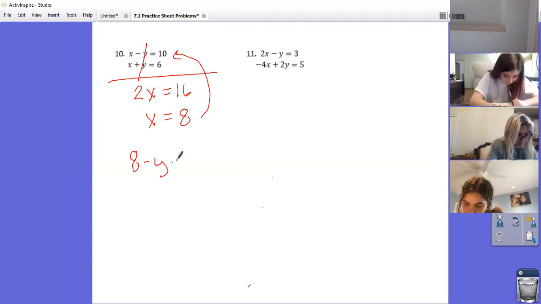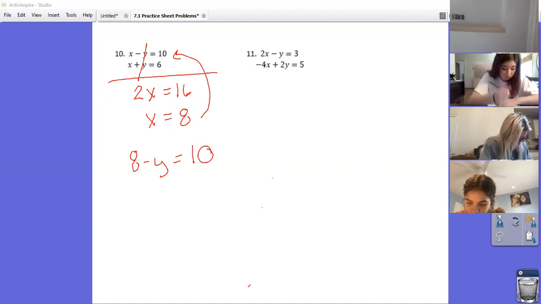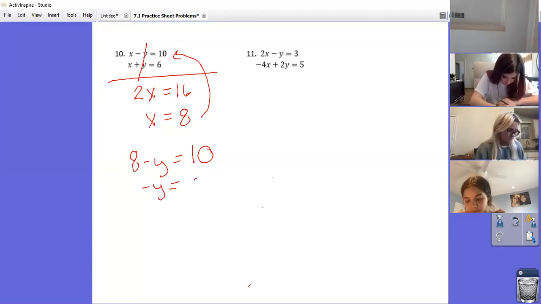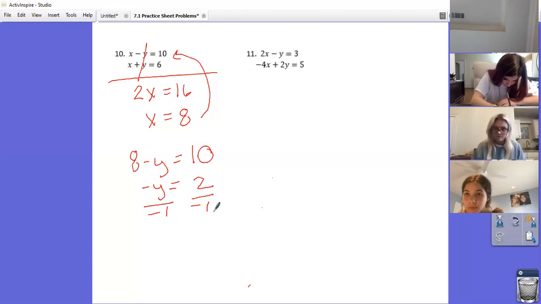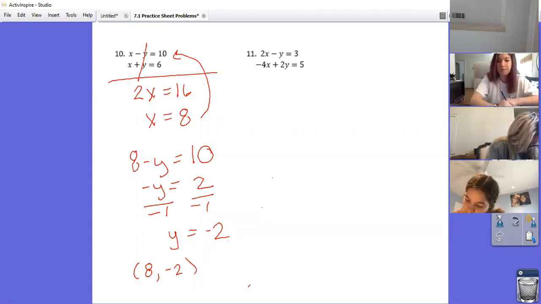You get 8 minus y equals 10. Okay, and then subtract 8, so you get negative y equals 2, but you have to divide by -1, and you get -2. So the solution is 8, -2. You probably just weren't dividing by that.